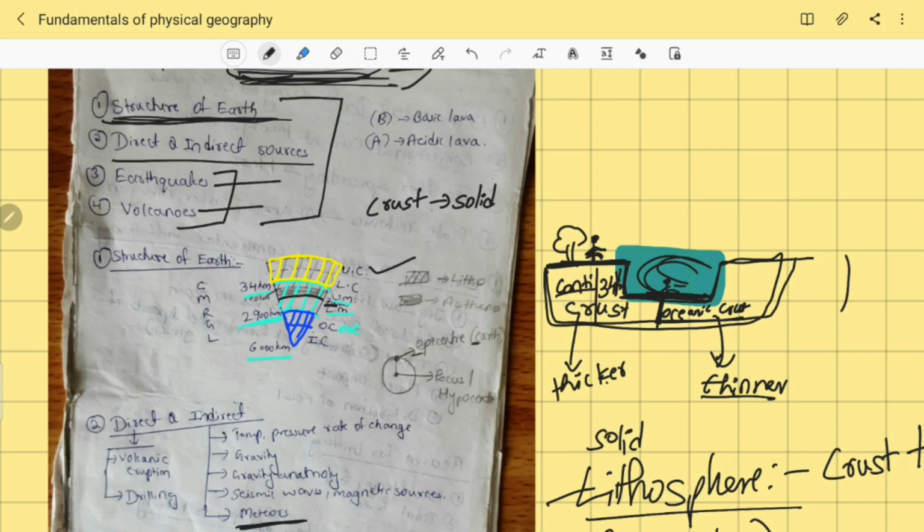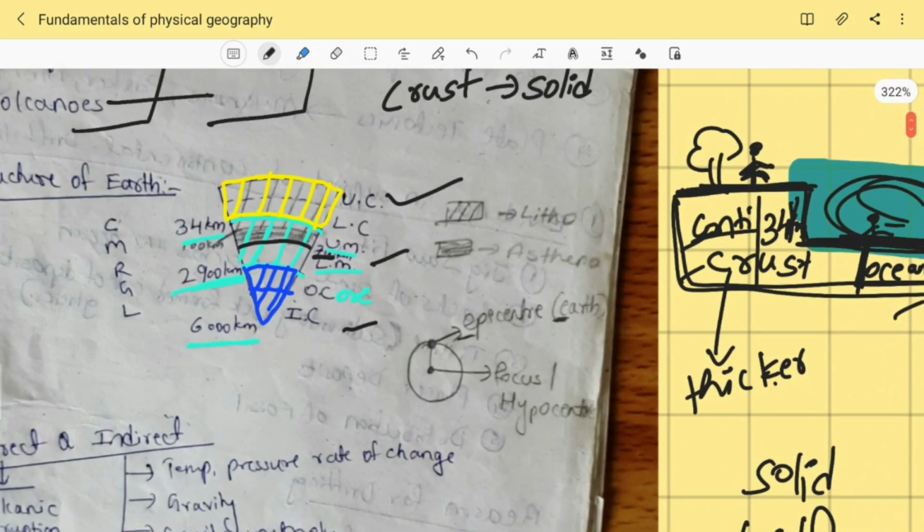In crust we have continental crust and oceanic crust, that also is clear. Mantle is clear, core is also clear. So now let's see one more important thing in the same topic, that is structure of the earth. Just a minute, let me draw it again for you.